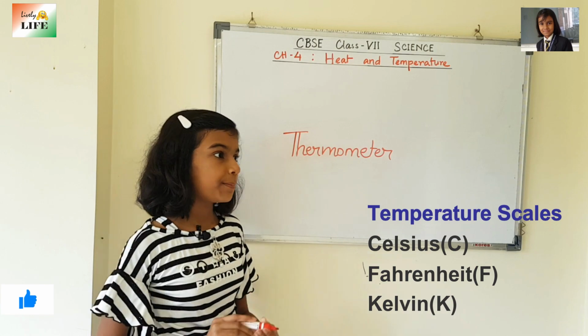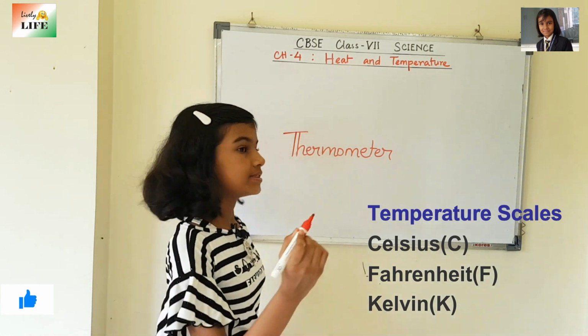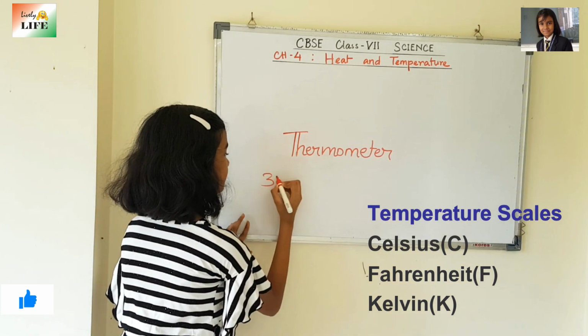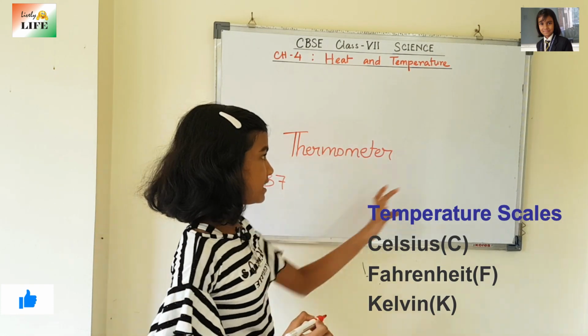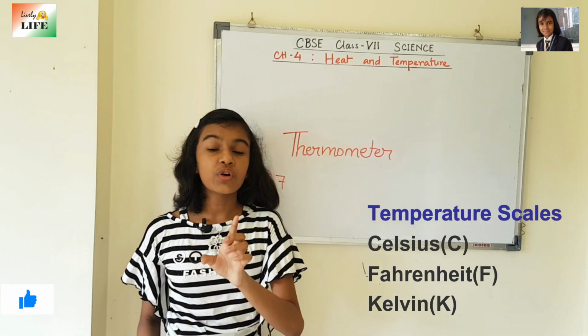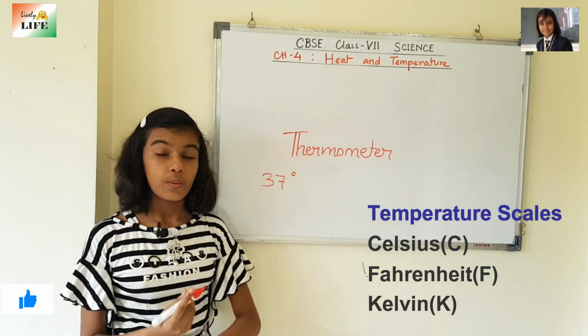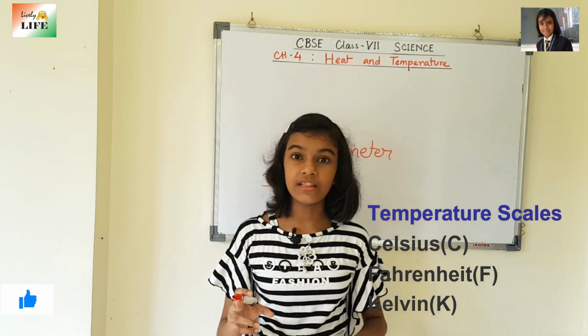Suppose my temperature is 37. How will we write it? Let's do it in the Celsius scale. 37, then we put a degree like this. When we measure an angle, we use degree.